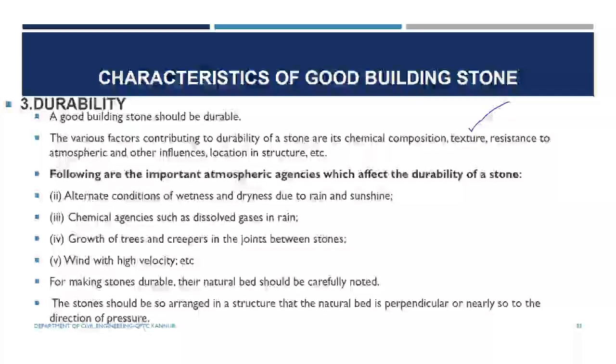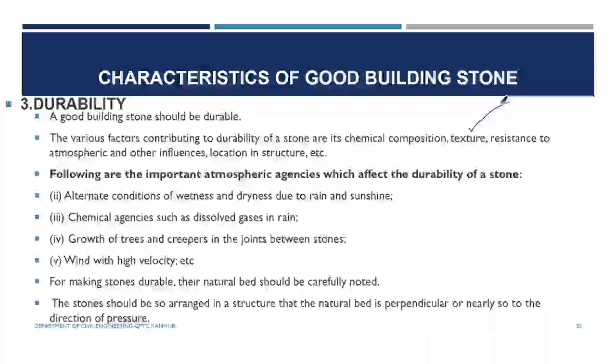A rock includes various minerals. What will be the arrangement? There will be lots of arrangements: compact crystalline arrangement, conglomerate arrangement, foliated arrangement. You need not study all those things. But it contributes to the durability: chemical composition, the texture, the resistance to gases and all those things, location, structure and all those points you have to memorize.